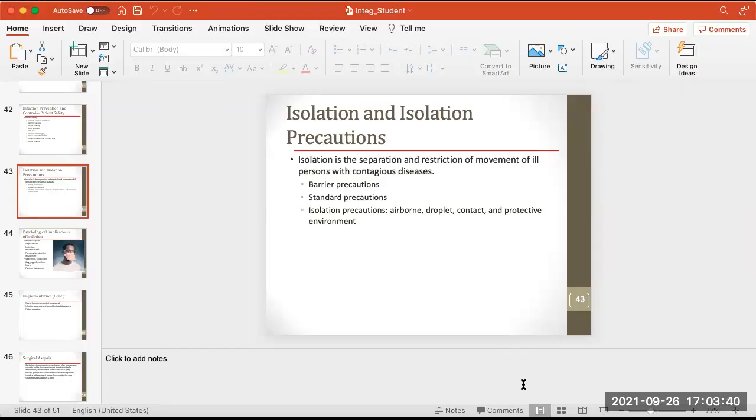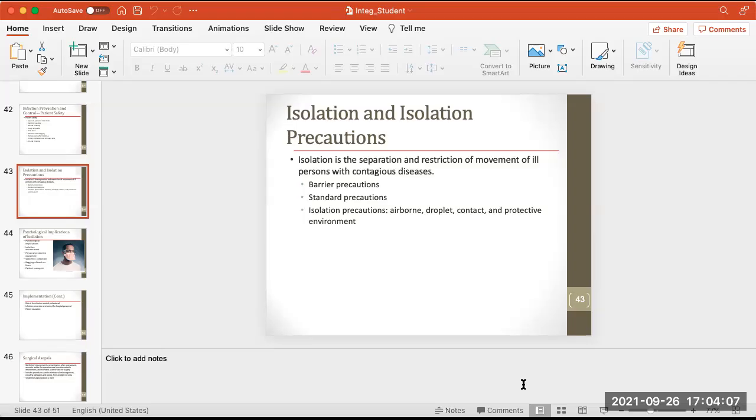For example, we were so confused, and probably still are, about COVID, but maybe not as much now. First we thought it was droplet, then we said no, it's airborne, oh no, it's droplet. Then there are disease microorganisms like MRSA, VRSA, and C. difficile. They are contact, meaning you have to come in contact with them.